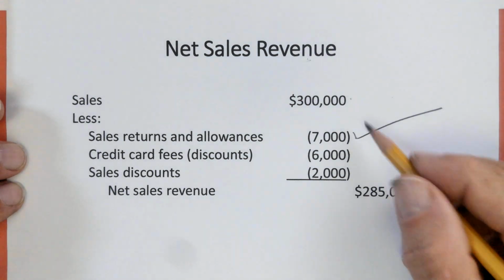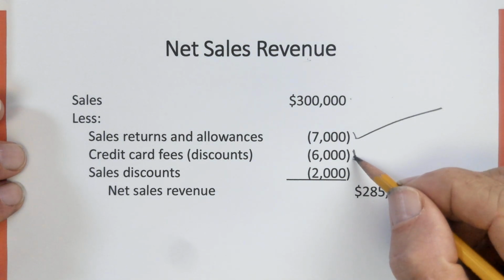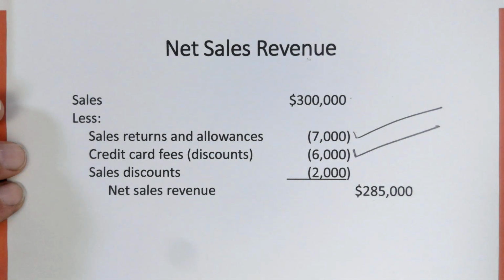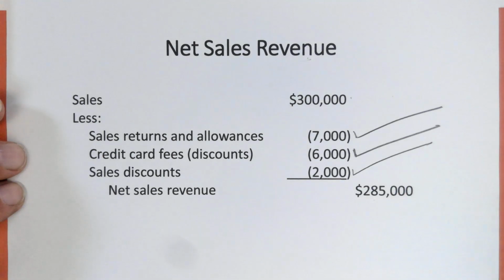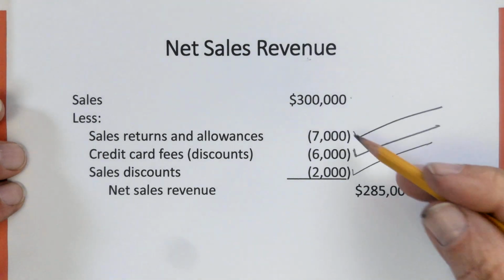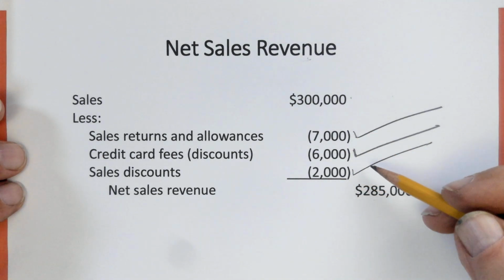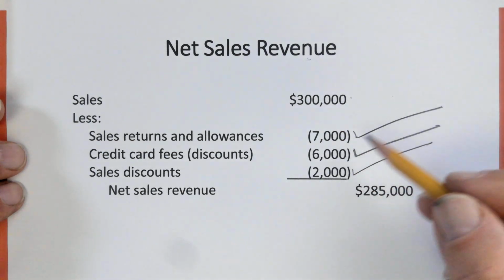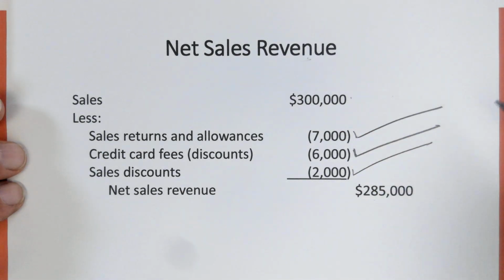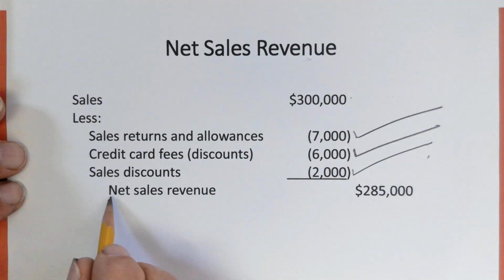And then less credit card fees. We've talked about that and how that's handled. And then also less sales discounts. We've talked about that as well. So we subtract all of these items, and they add up to $15,000 that we subtract from $300,000 to get net sales.